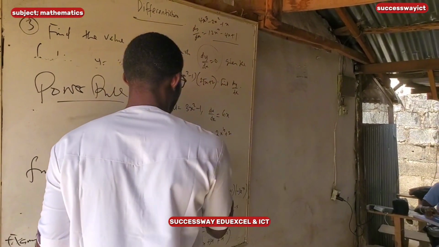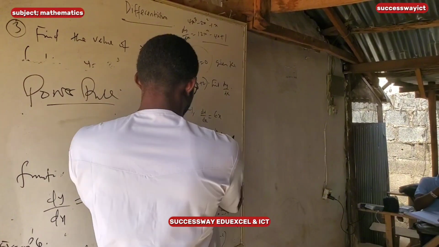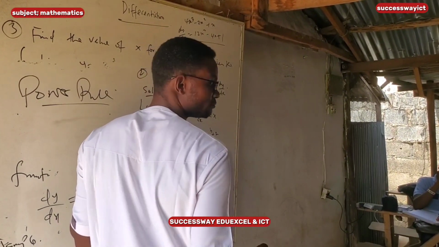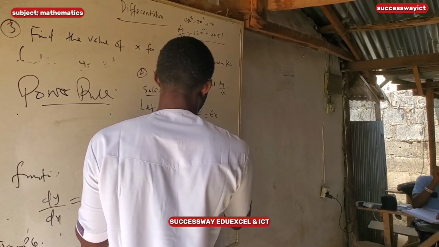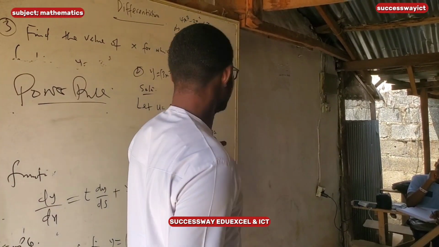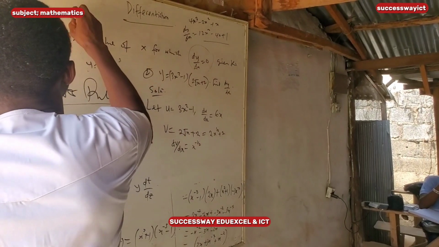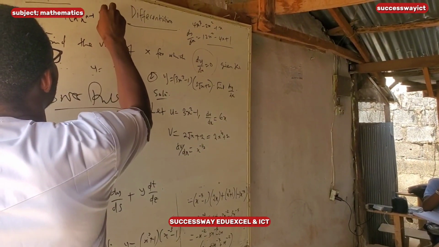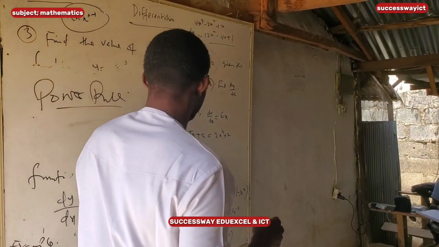So dv dx is what? You have x raised to the power of minus 1 over 2. When you differentiate this, you have this.